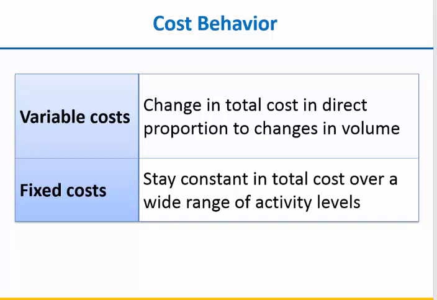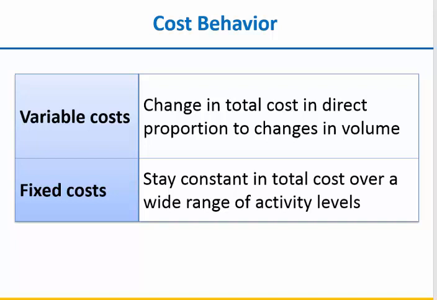If that happens, we would say that that cost is a variable cost. The second category is about a fixed cost. Within a certain range, for example, when you manufacture products from 0 units to 1 million units, some costs stay constant in total.